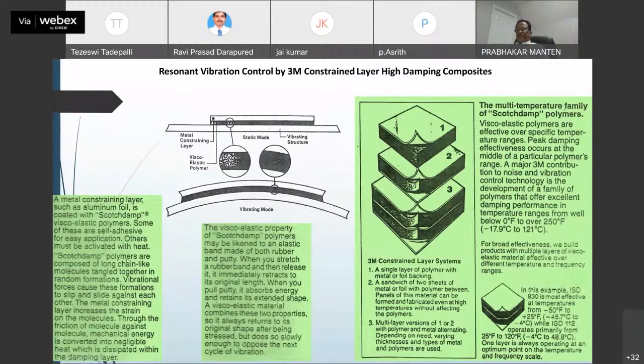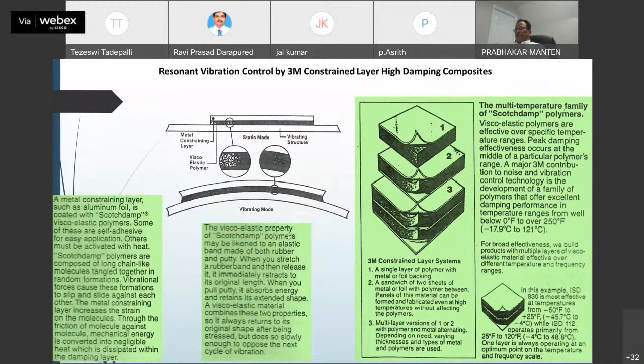Through the friction of molecule against molecule, mechanical energy is converted into negligible heat, which is dissipated within the damping layer. So the energy is all dissipated effectively by that nature, creating that extra shear deformation.